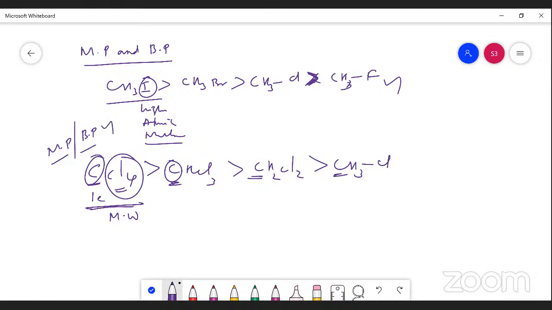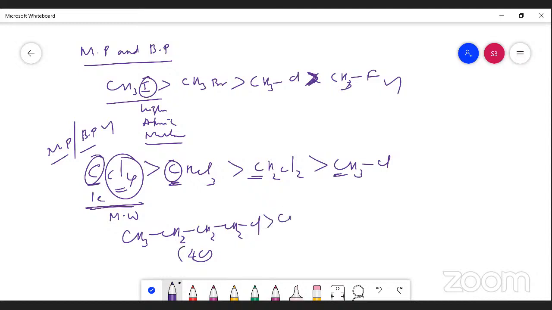Next, the melting point and boiling point also increase with an increasing number of carbons. For example, take butyl chloride: there are 4 carbons and the molecular weight is more.